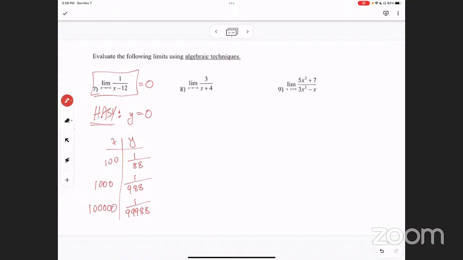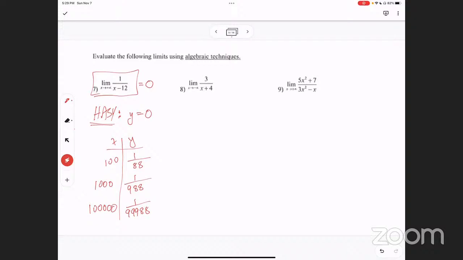And what does this thing get closer and closer to? What does this value get closer and closer to? 1 over a really big number is closer and closer to what? 0. So that's another algebraic way.